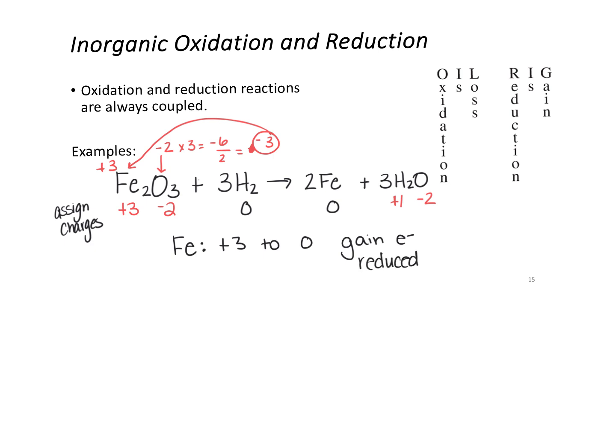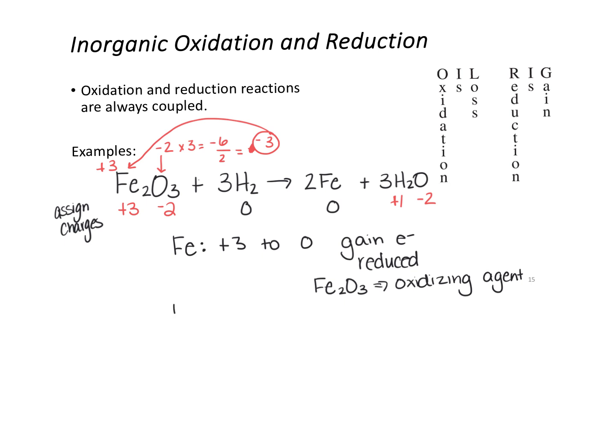Okay, so that means iron's being reduced. That also means that Fe2O3 is the oxidizing agent. Okay, that's the thing that is causing the hydrogen gas there to be oxidized, basically.